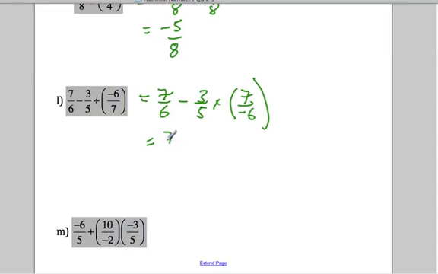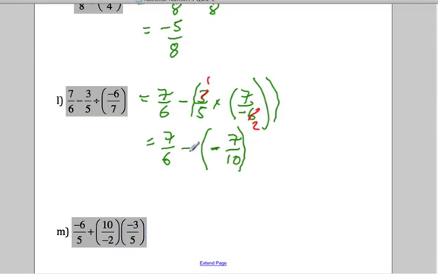So this will be 7 over 6 minus, and if I consider what's inside the second bracket, this is a positive times a negative, so we know that our answer is going to be negative. And 3 goes into itself once, and into 6 2 times. So that means that the answer is going to be negative 7 over 10, the 1 times 7 over the 5 times 2.